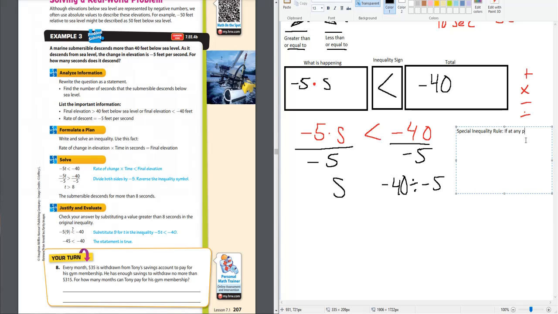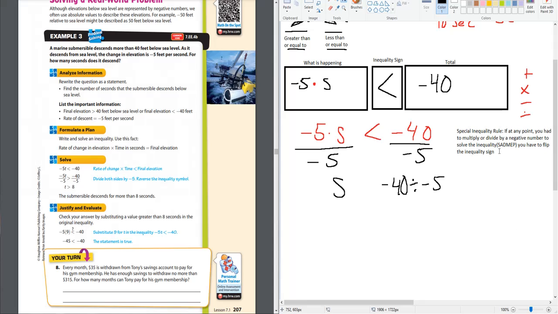If at any point you had to multiply by or divide by a negative number to solve the inequality, and that's like your SADMEP stuff. You remember SADMEP? We divided to do the opposite stuff. You have to flip the inequality sign.